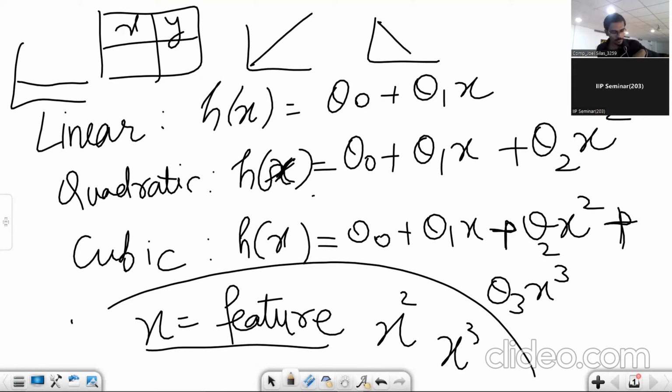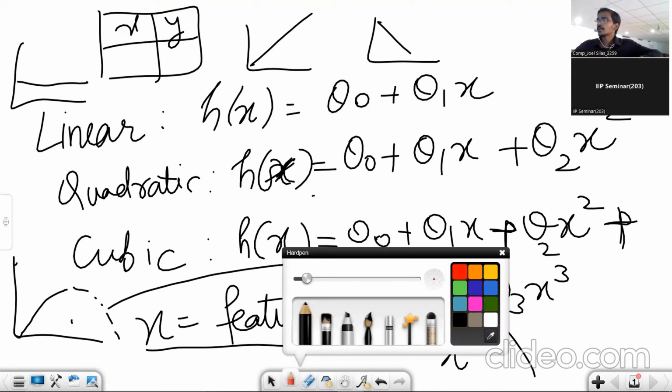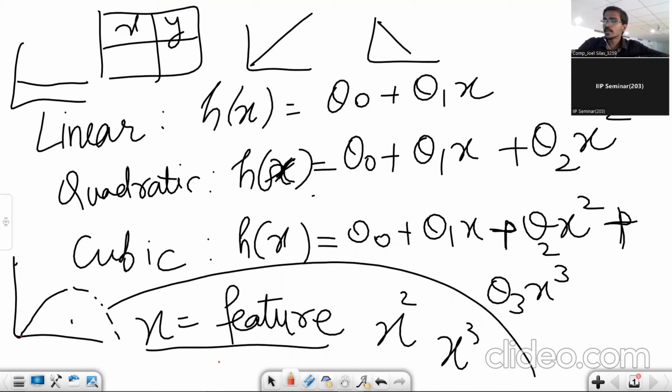For quadratic, the graph comes out to be like a parabola. It will go on increasing and then finally it will go decreasing. Suppose we talk about cubic, then cubic also has a kind of curve, but it will never go down. It will increase and then rise steeply. It will not come down.